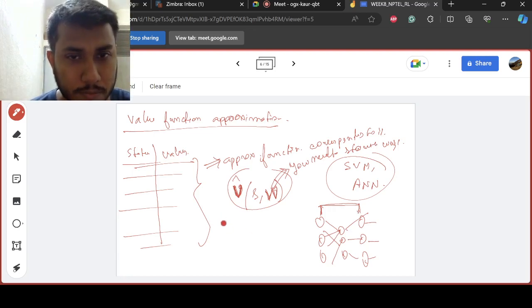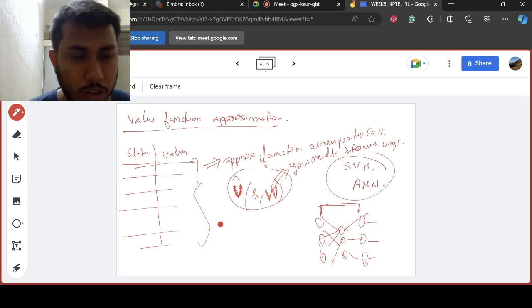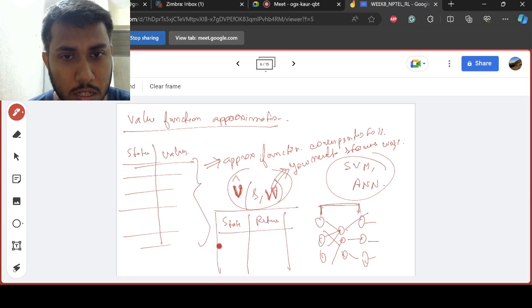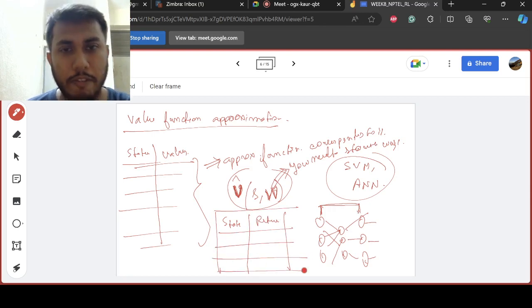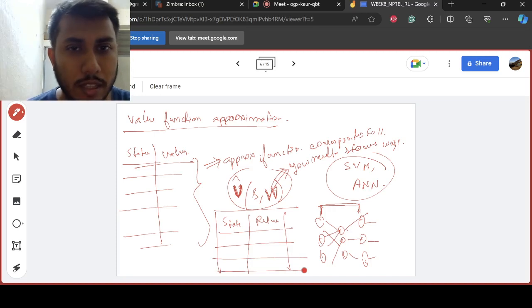So what is your typical data set? You typically have your state, and you need to get the return, right? So this is your typical state-value matrix, and using this you will try to construct the v hat of s comma w.